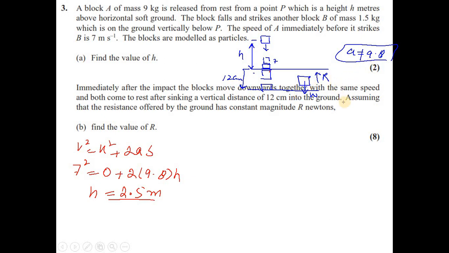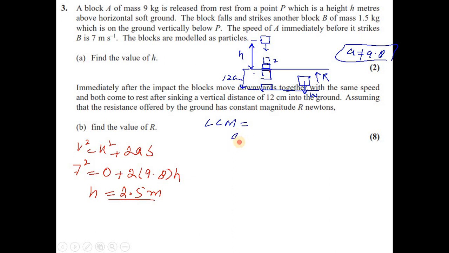First of all, we need to figure out the velocity when both blocks after impact start sinking. That means the initial velocity after impact, and we are going to use the law of conservation of momentum before and after impact. Before impact only particle A is moving, so we have the momentum of particle A only.